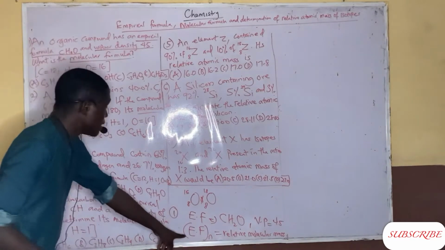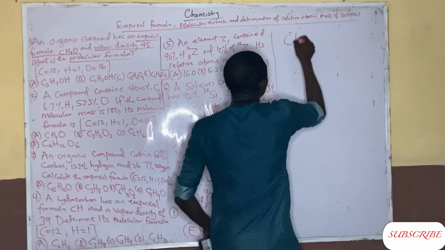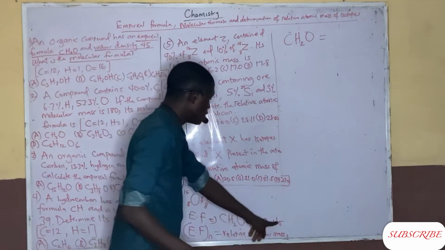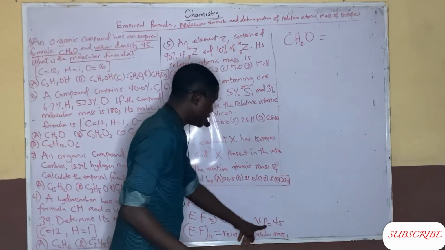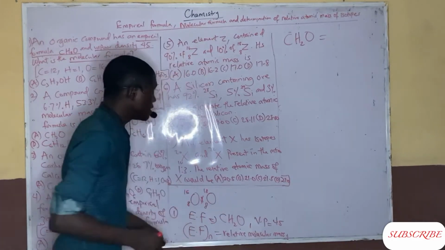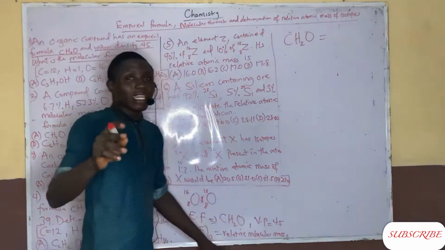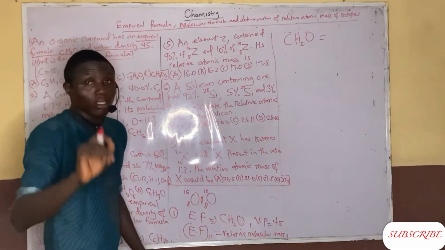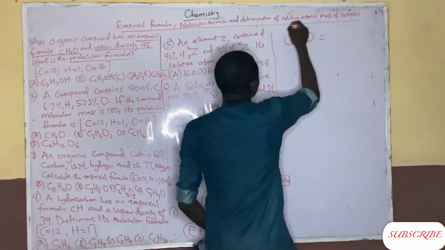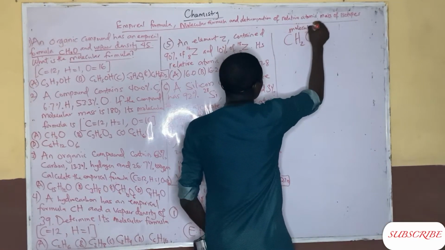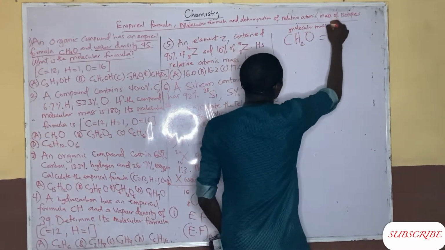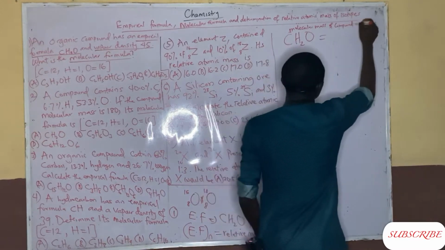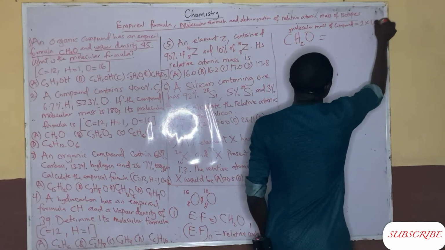Now we are given the empirical formula of CH2O, and the vapor density is 45. Know that the relative molecular mass of a compound is 2 times vapor density.